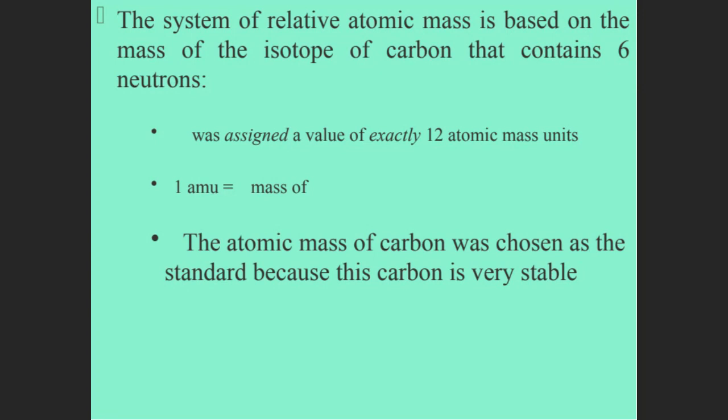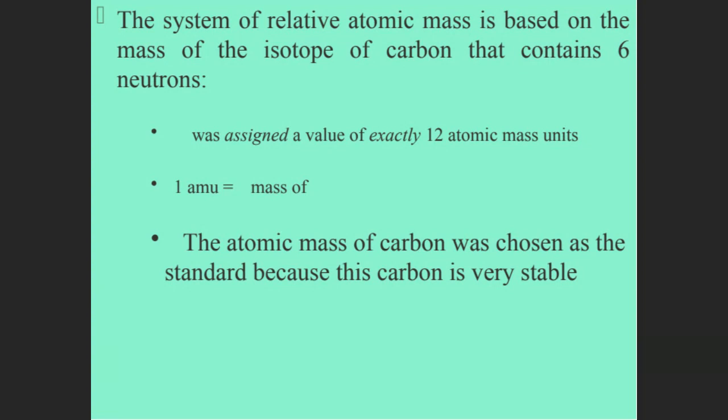So that's why initially scientists found that we can take a standard atom, and this is the carbon isotope. Because carbon has the most stability, they considered carbon.